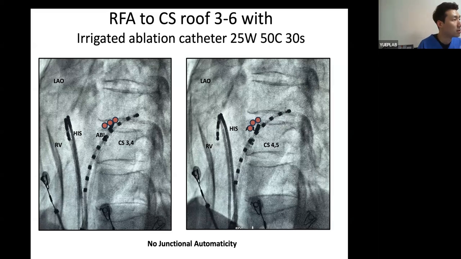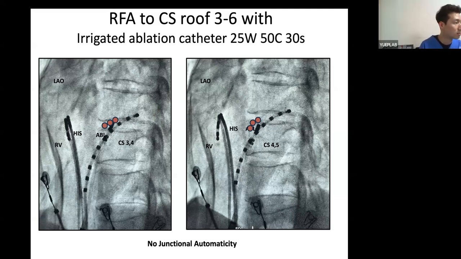When you had a repeatedly induced A on V tachycardia, did you try to rule out a septal pathway? With earliest A in 3-4, did you first rule out a septal pathway that can resemble an A on V tachycardia?